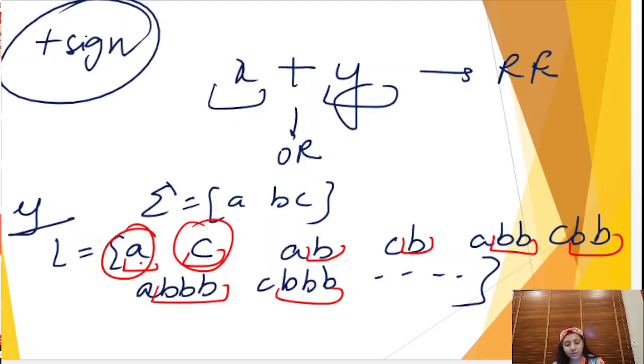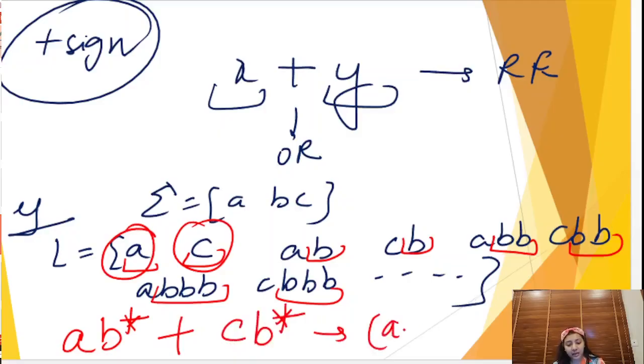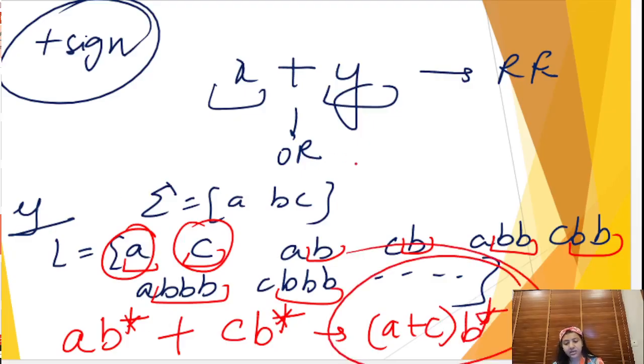First let's represent the A string. So begin with the A followed by any number of B's, can be represented like this, or begin with the C with any number of B's after it, right? So can we club this and write (A plus C) B star? So this is the regular expression that this language is representing.